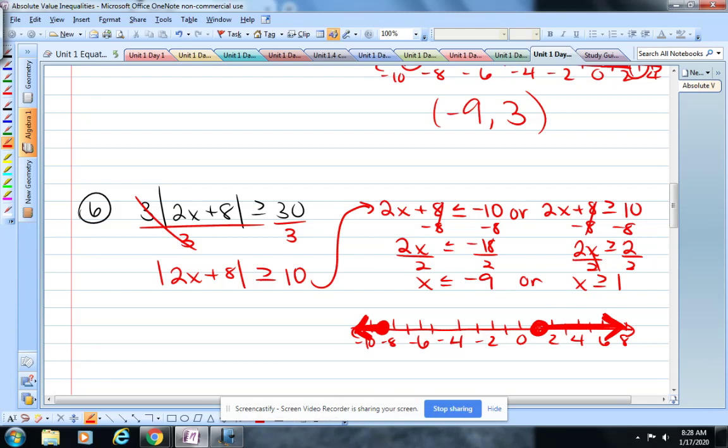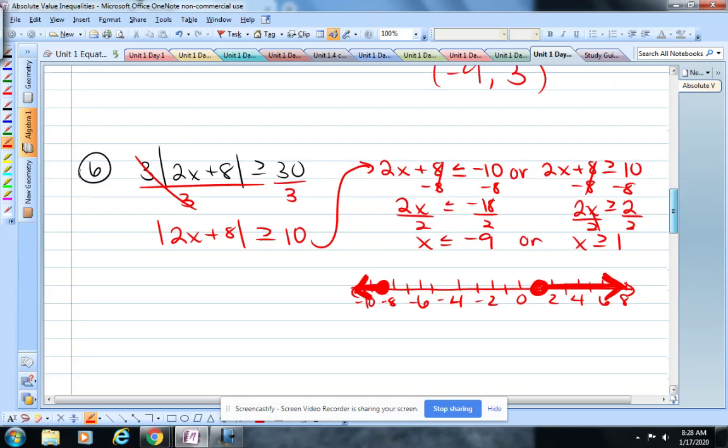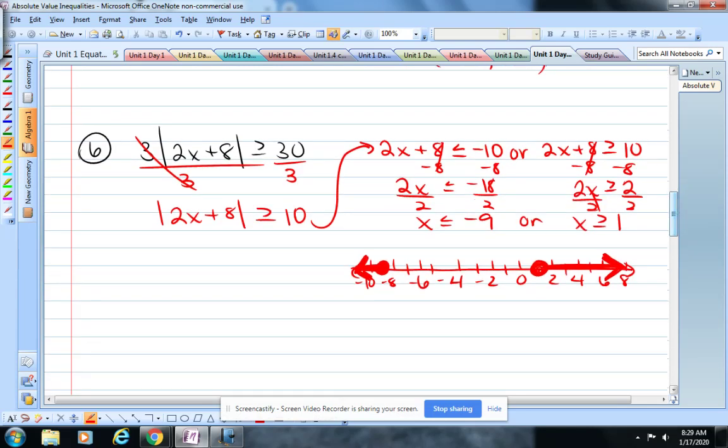They're both going to be the same. Yes, on these. Now, yesterday's no. Yes, because if this says or equal to, these have to say or equal to. If the original problem says or equal to, everything says or equal to. If the original problem does not say or equal to, the rest of it won't. Does that make sense? All right, so for our interval notation, what's that left boundary?